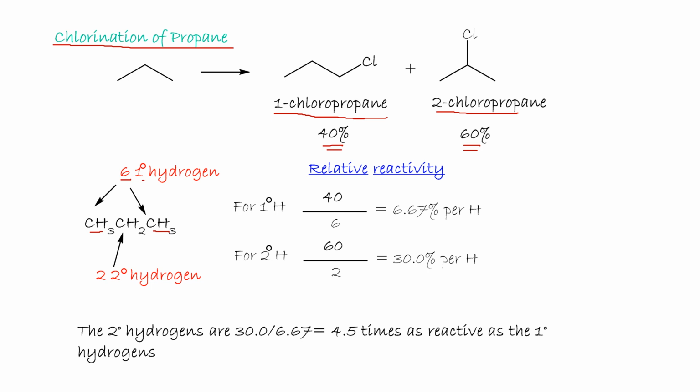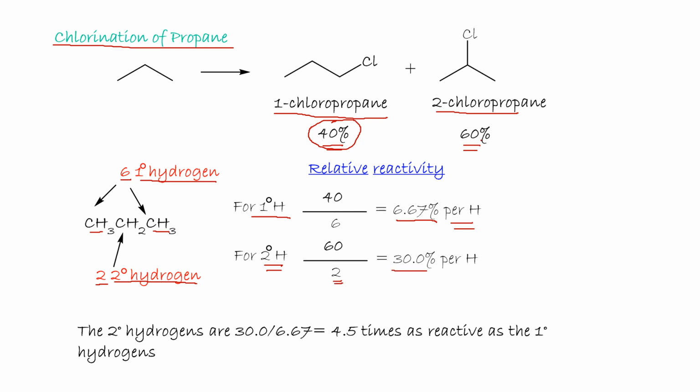So 6, we call them primary hydrogens, and propane also has CH2, so it has 2 secondary hydrogens. For the primary hydrogens, it's 40%, but we have the possibility of 6. So per hydrogen, the reactivity will be 6.67%. For the secondary hydrogens, it's 60% divided by only 2 hydrogens.